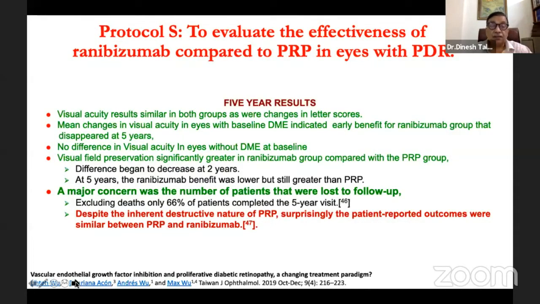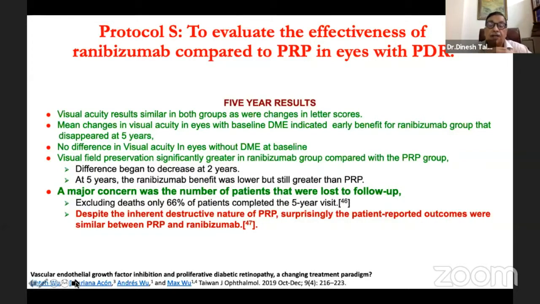At 5 years, the results were similar. The visual results were not different. In patients who had no DME at baseline, there was actually no difference in visual acuity also. And the same with mean changes in visual acuity in patients with DME. In those groups, there were initially better results that disappeared by 5 years.